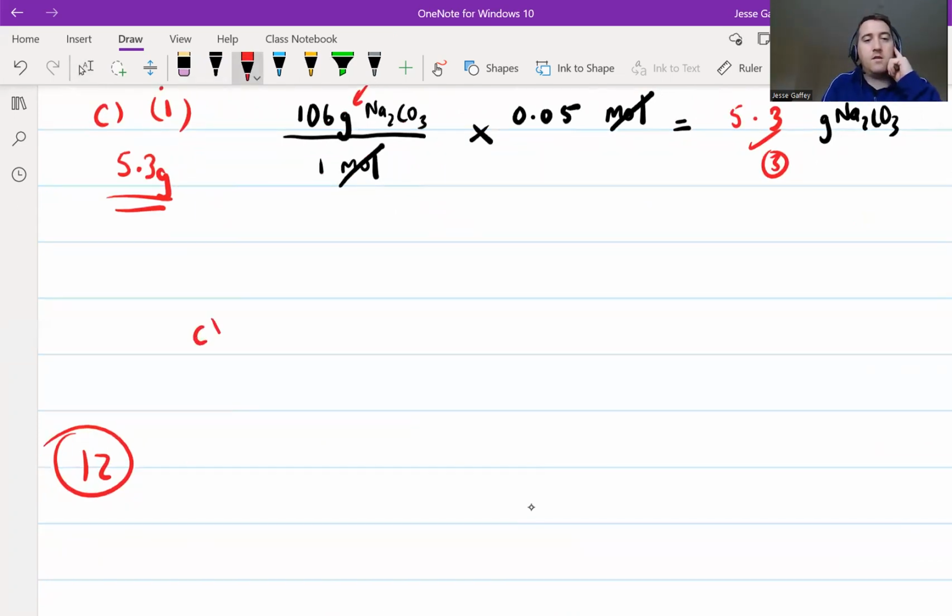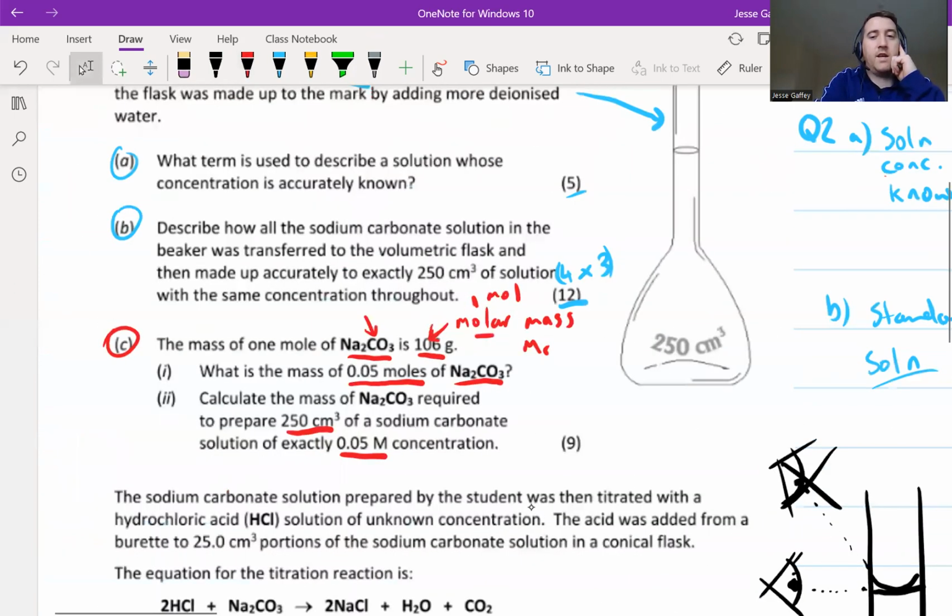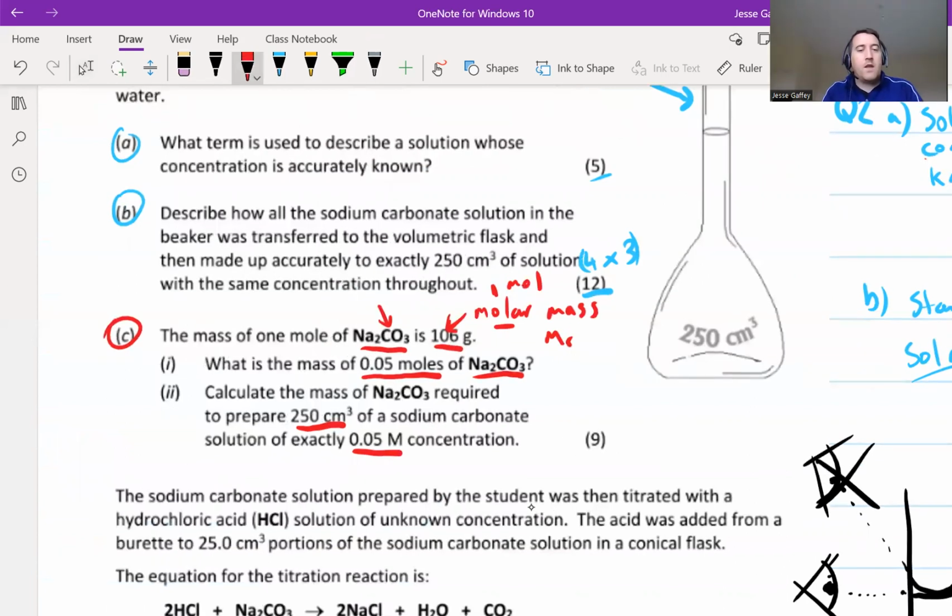I'm going to scroll back over so you can see the important pieces of text in case you don't have exam papers. And you have to calculate the mass required to prepare that solution. Okay, so some of you should know how to do this. I'm going to give you the opportunity to pause the video with no help and to do this now. Okay, so pause the video and have a go at this now.